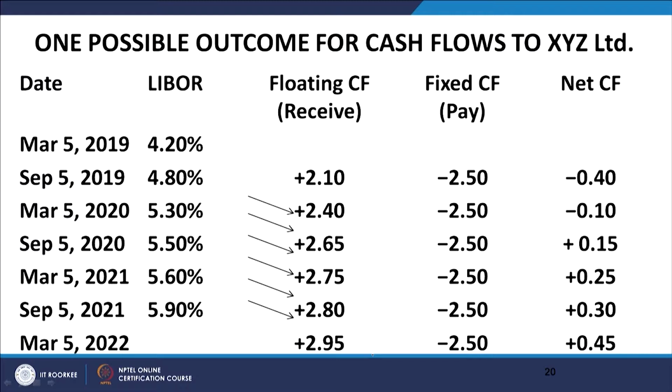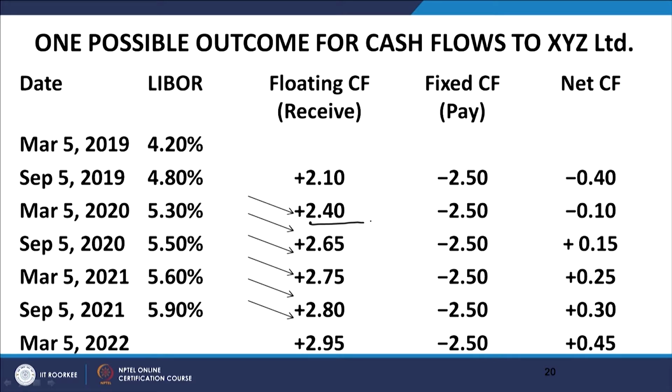See, the floating rate is nothing but the LIBOR. Now, because the LIBOR has changed from 4.20% to 4.80%, the interest rate for the next 6 months, from September 5 2019 to March 5 2020, would be 4.80%, and that is 2.40 because it is for the half year.